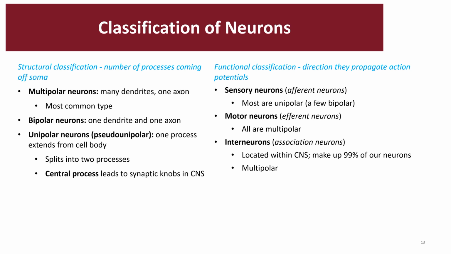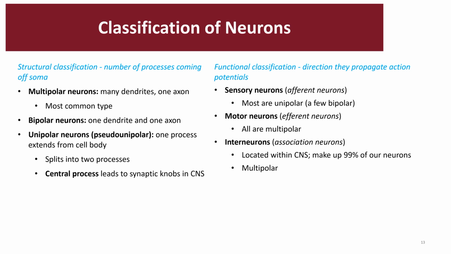The second type that we have are called bipolar neurons. These have two processes that extend from the cell body, one dendrite and one axon, and these are generally found inside the special senses. So think about the eye as well as olfaction, so olfactory epithelium for the sense of smell. The last kind, unipolar, have a single short neuron process that emerges from the cell body and branches sometimes into a T shape.